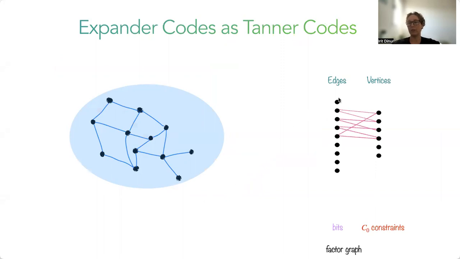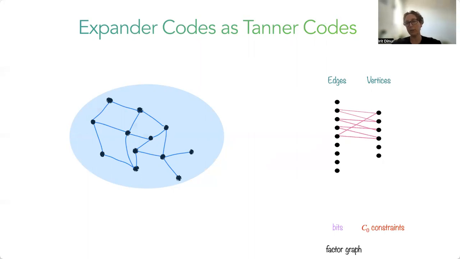So in his codes, the elements in the code will be strings labeling the left-hand side. And on the right-hand side, for every right-hand vertex, he's going to think of the vertices touching this vertex as needing to be inside the code C0. So that's the general Tanner code scheme.